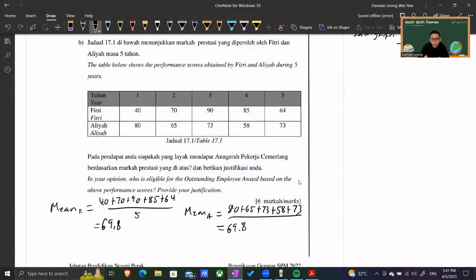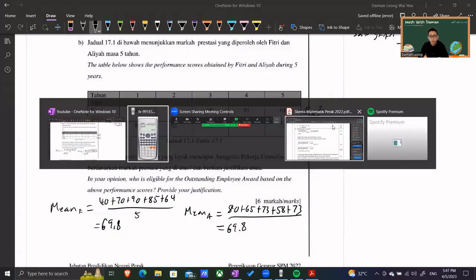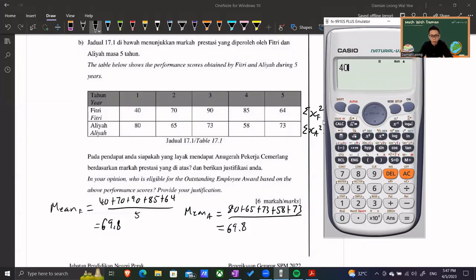We find the sum of values squared for each one, for Fitri and Alia. Each of the values is squared. So 40 squared plus 70 squared plus 90 squared plus 85 squared plus 64 squared.